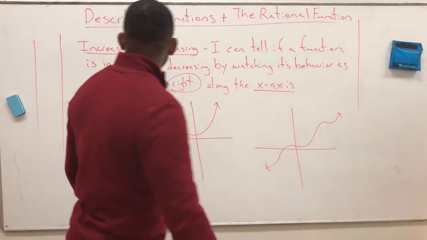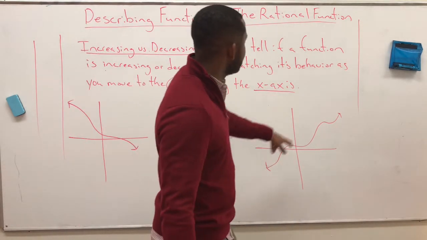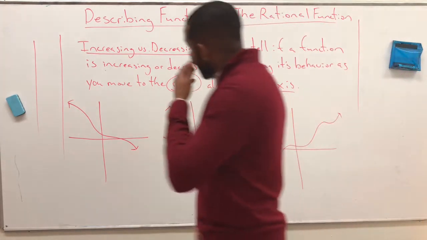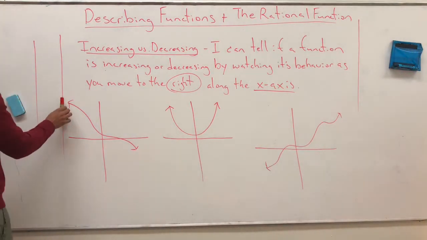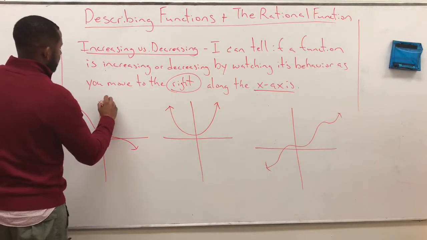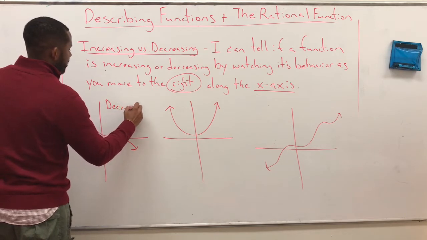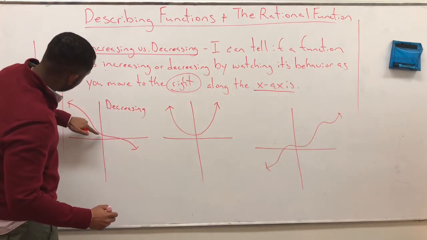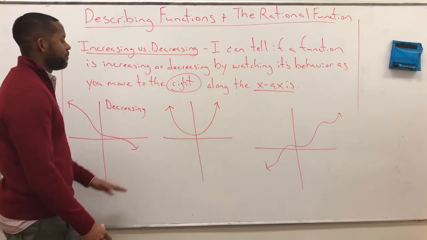For each of these, I actually want you to write if you think this is increasing or decreasing. You write it first. Cool, you did it. This one, as I'm moving to the right, this graph is decreasing. What's happening as I'm moving this direction, the line is going down, down, down, down. Decreasing.